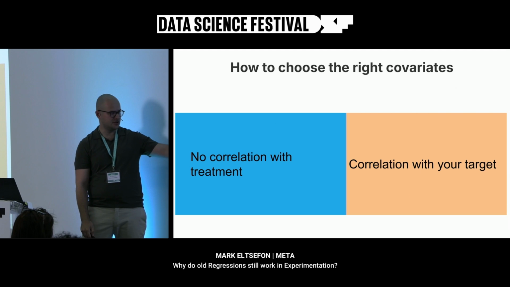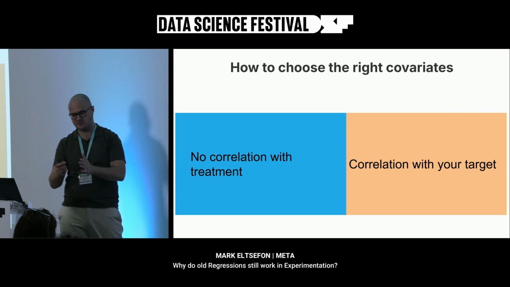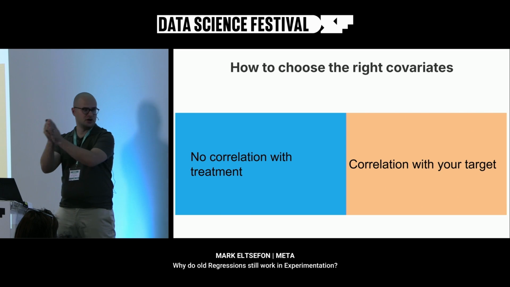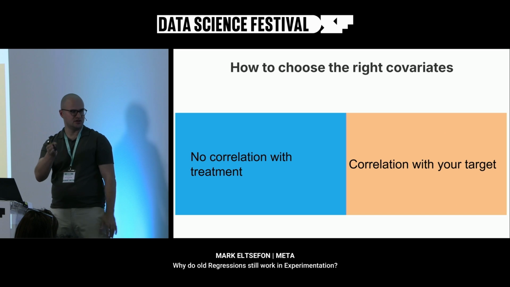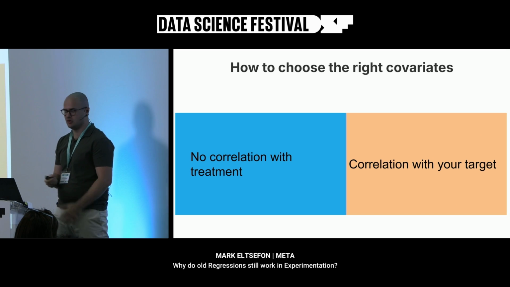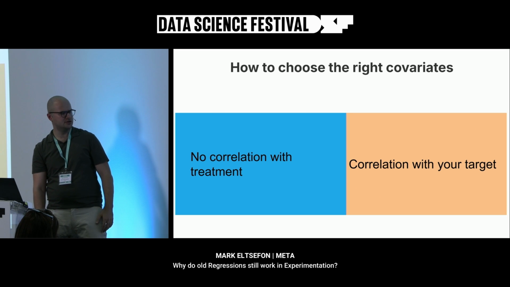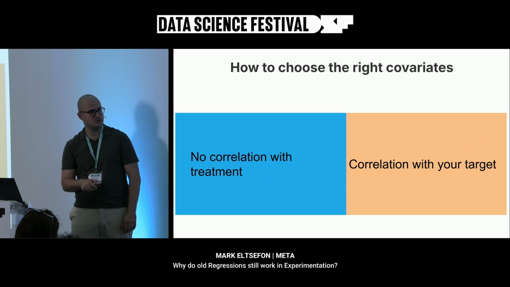A good example of a bad covariate here is going to be, for example, duration from checking an email to the purchase, because it's really happening in the experiment, and it depends on whether you got a new email or you just kept the old one. And the second one is correlation with your target.